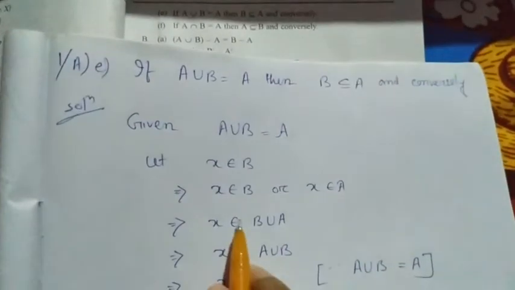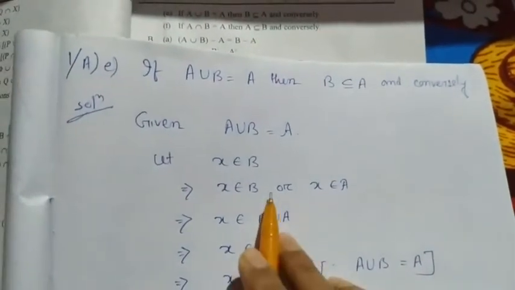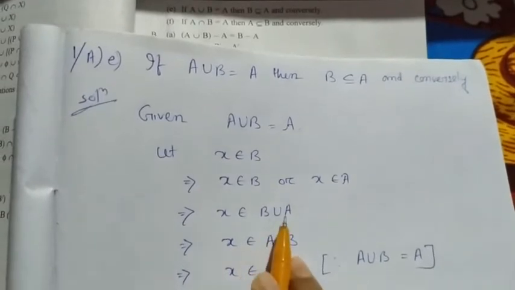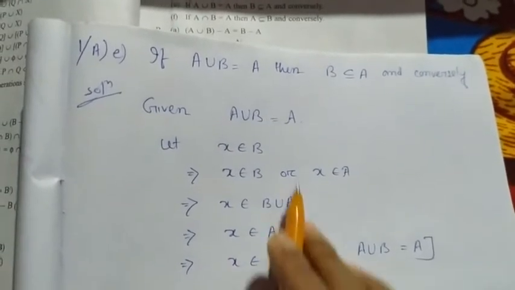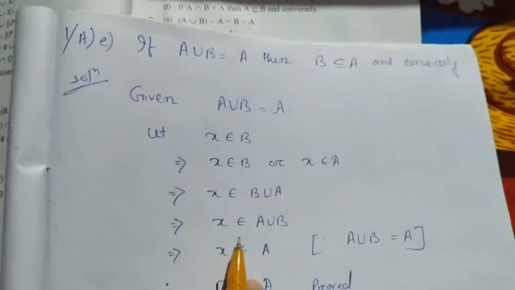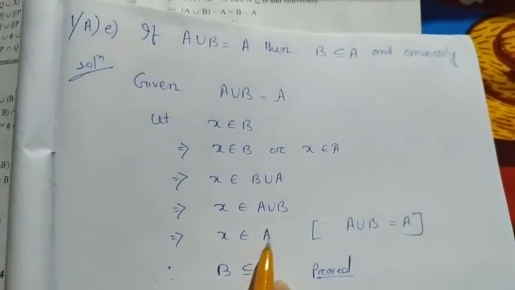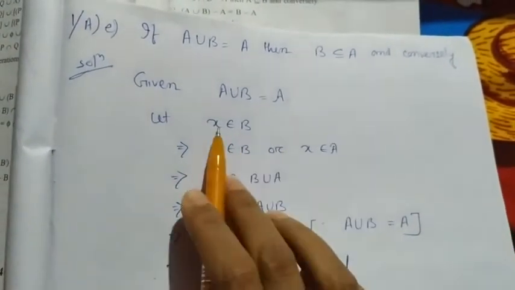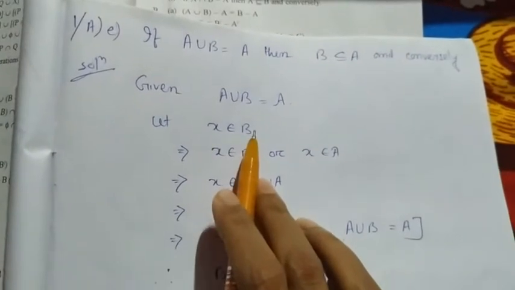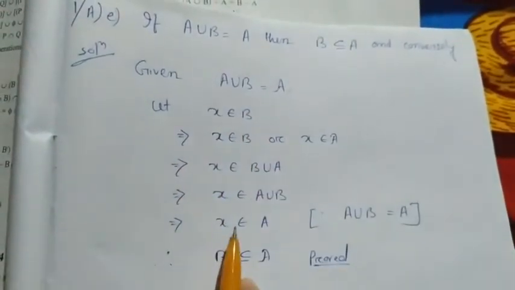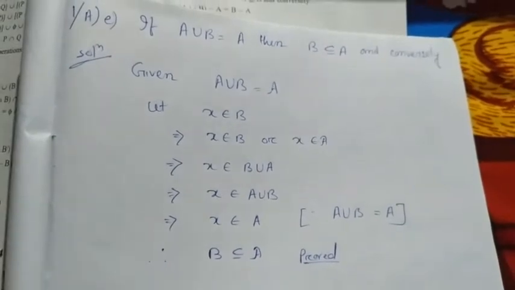Now x belongs to B union A. B union A and A union B are the same thing, and given A union B equals A, so x belongs to A. And x belongs to B we have taken before, so x belongs to B and x belongs to A, that means B is a subset of A.